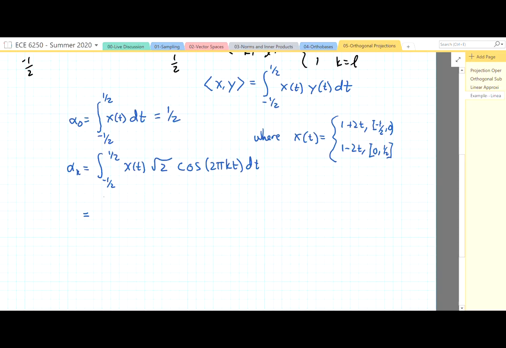It's not too bad, and we would get 0 for k even and k not equal to 0, and 2 square root of 2 over pi squared k squared for k odd.